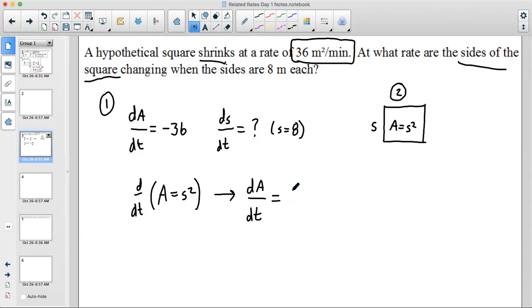That last part is the chain rule. It's implicit differentiation. So I do 2 times the something times the derivative of the something. Like I said, I want you guys to be writing the d over dt notation for these and not the S prime, because S prime is not as intuitively interesting as dS/dt.